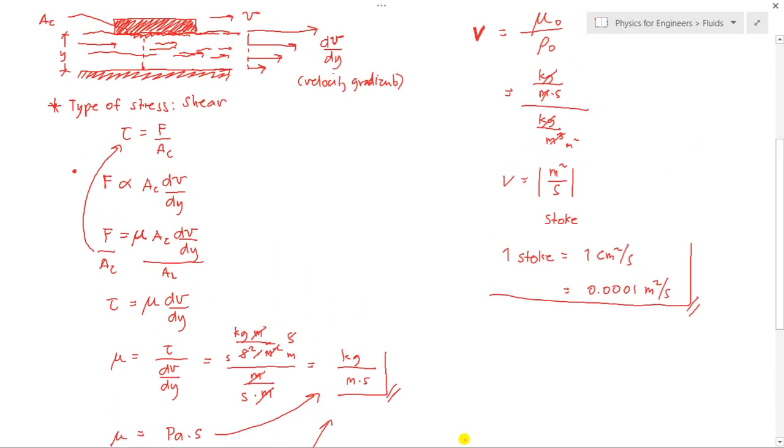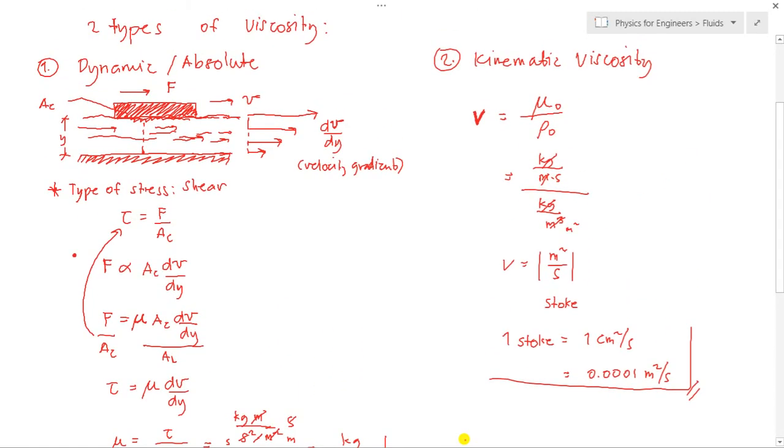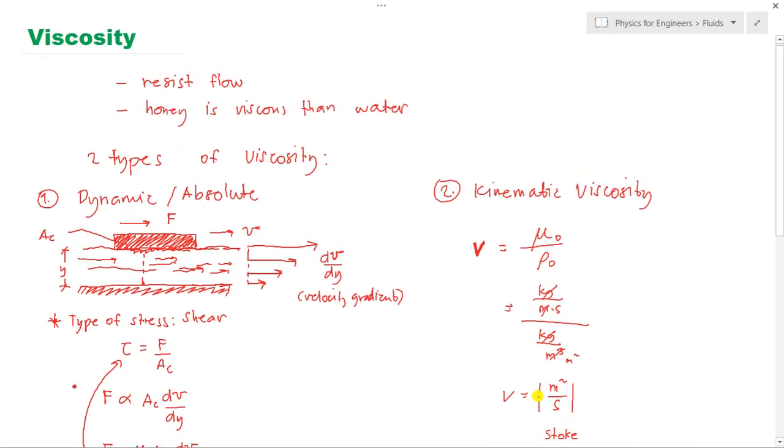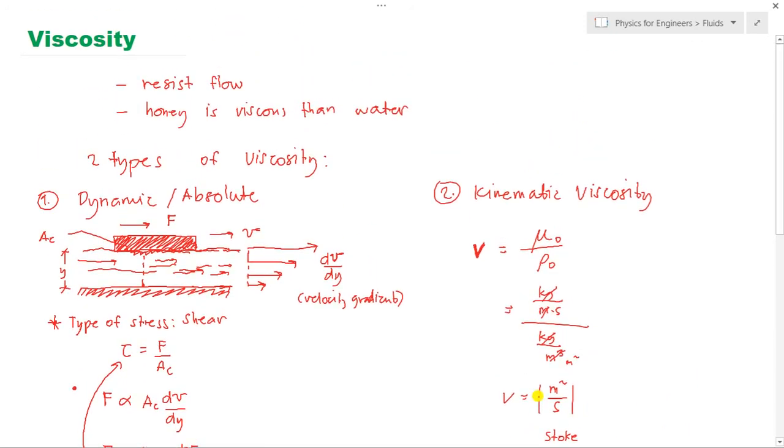And then on the other hand, for kinematic viscosity, that is in meters squared per second. And then you can also have the Stoke, and 1 Stoke is 1 cm squared per second. So we have two types ra, dynamic and kinematic viscosity.